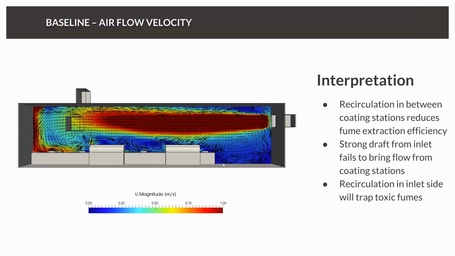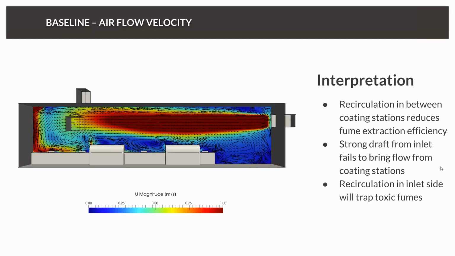First of all, we have three recirculations here. This is the recirculation that we were afraid of, because it will take fumes from here and mix them here with the surrounding air. But we also have a recirculation area between the coating station, which will reduce the fume extraction, because recirculation and turbulence will enhance the mixing.